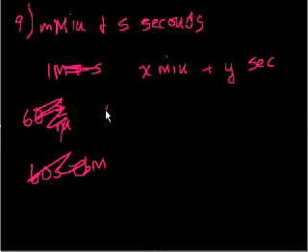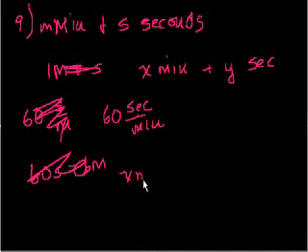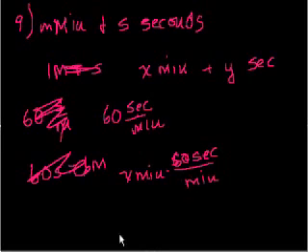Well, we know that there are 60 seconds per minute, right? So if we want to convert a minute to seconds, we write x minutes times 60 seconds per minute plus y seconds. And so the minutes will cancel out, and you're left with 60 times x.